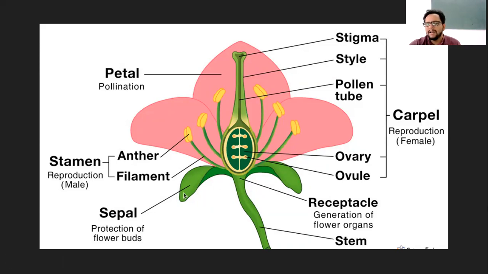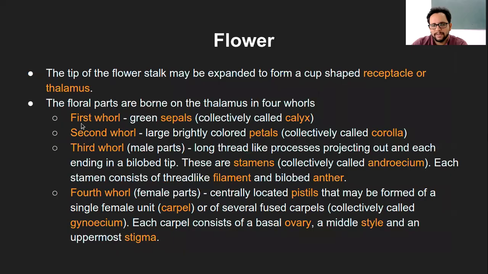Because they are green, you can obviously imagine they also perform photosynthesis. So the sepals protect the bud, as well as perform photosynthesis. That is the first whorl, which is sepals, also known as calyx when present together. All the sepals are collectively called the calyx, and the individual part is a sepal.